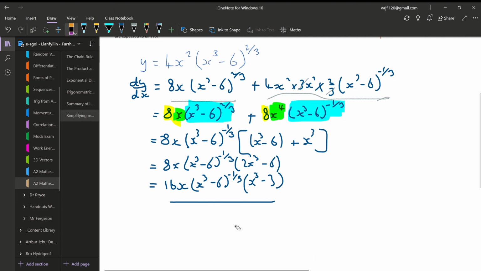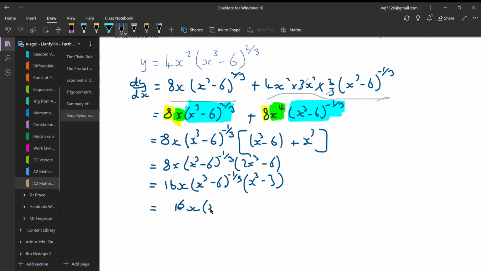What I don't really like is the fact that I've got a negative power on this first bracket that appeared here. Don't really want to leave things with negative powers if I can avoid it, and I can avoid it by just dropping that down to the bottom of a fraction, putting it on a denominator instead of leaving it at the top there.